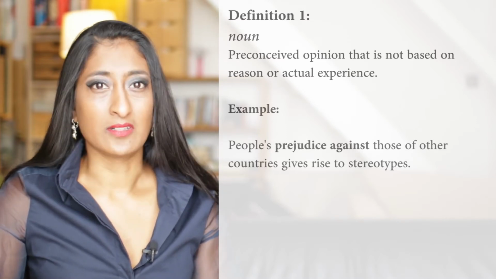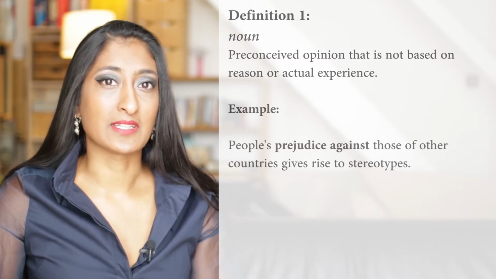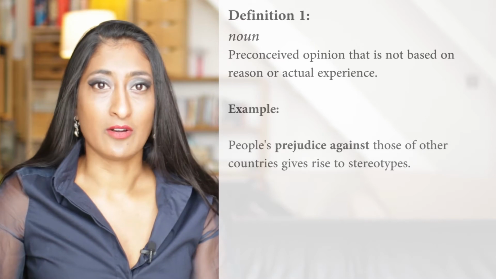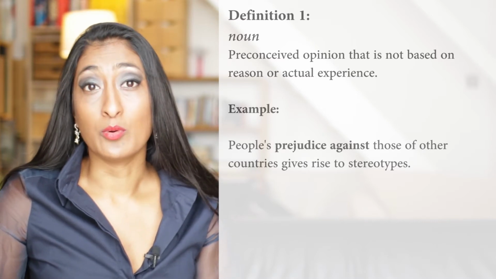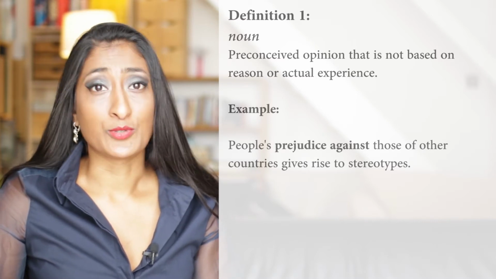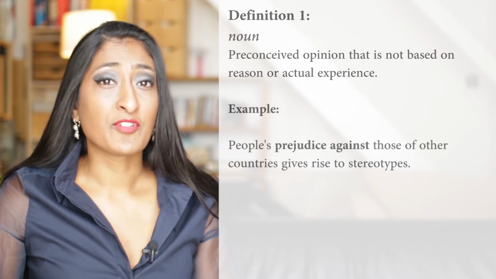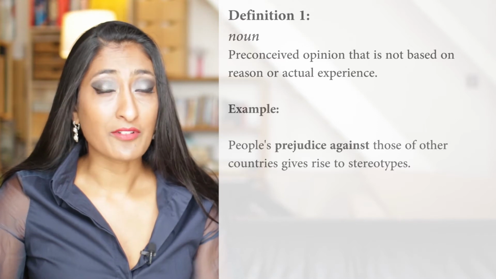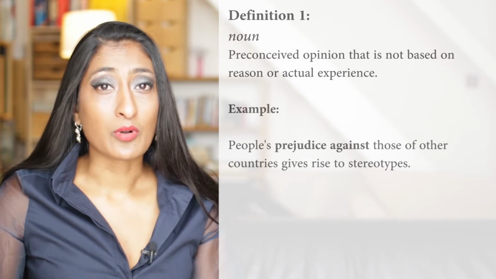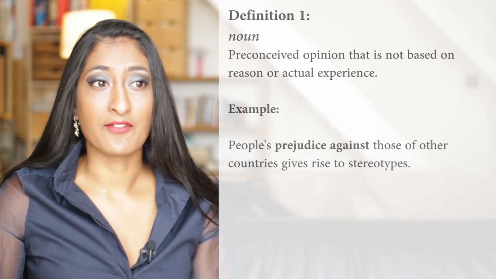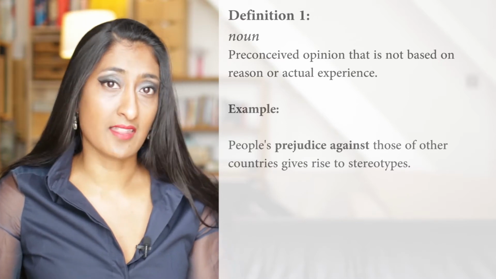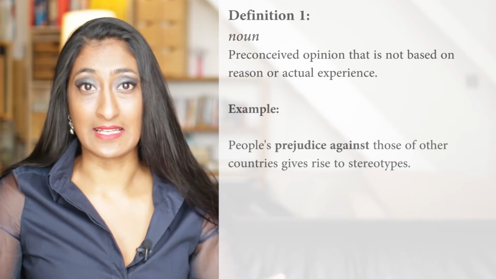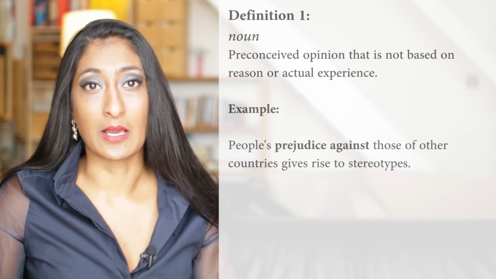In an ideal world, everyone will be accepting of everyone else regardless of where they come from or what religion they are or whether they're a man or a woman, whether they're old or young, and everybody would be equal no matter what. However, we do live in a world where some people have prejudice against others based on, it could be religion, it could be skin colour, it could be the country that they come from.